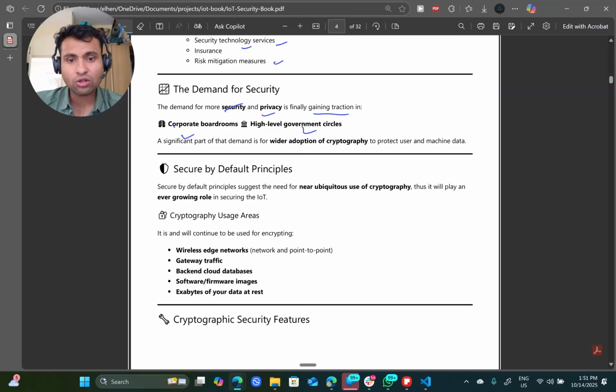And therefore, all this makes understanding this aspect of IoT, the cryptography aspect, very essential.